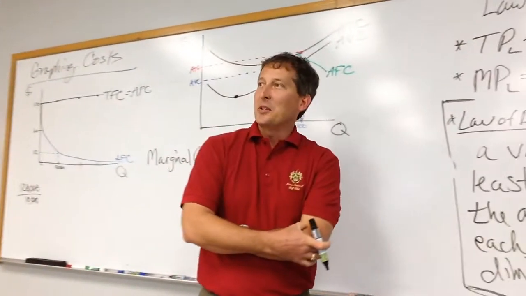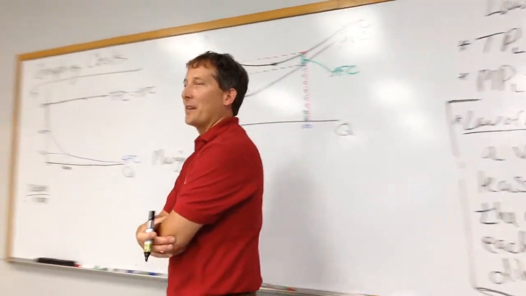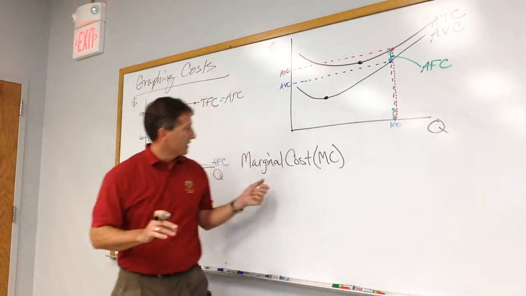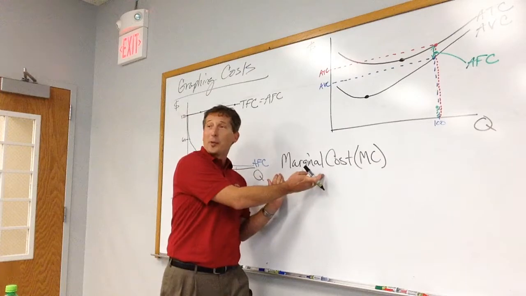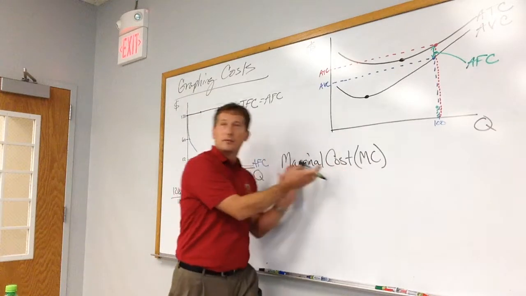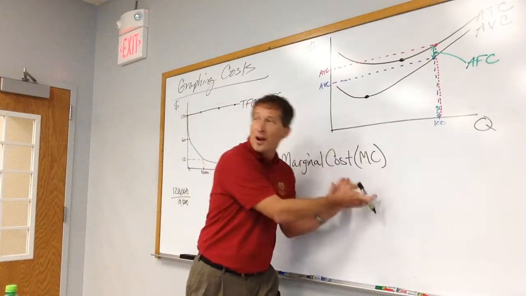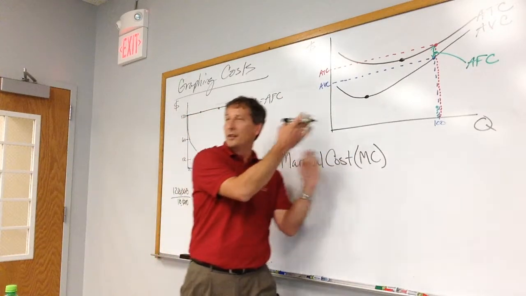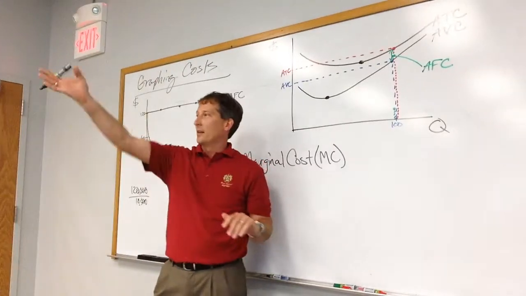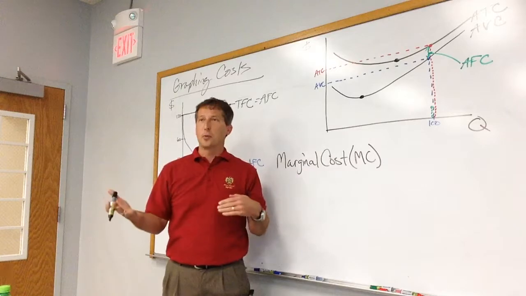I'd like to hear it from you rather than me just giving it to you. Terminology similar to what we've been doing, right? Marginal benefit, marginal utility, marginal product, marginal whatever. The additional cost to produce one more unit, right?